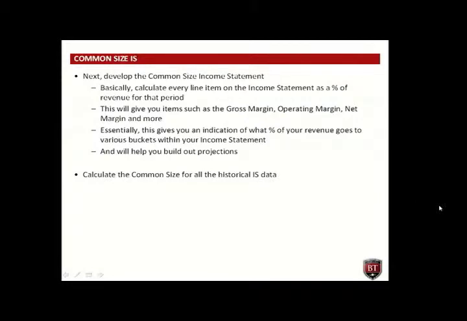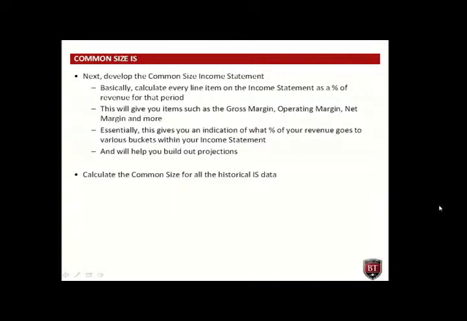Once you've developed the income statement, the balance sheet, and the cash flow historically, take the income statement and develop what's called a common size income statement. What this basically does is it looks at every single line item in the income statement as a percentage of revenue for that period.